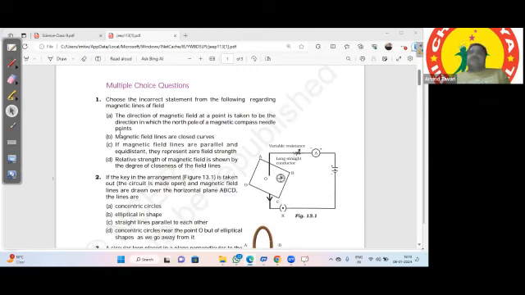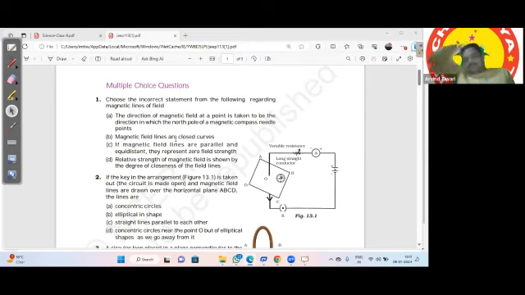See, the first statement, the direction of magnetic field at a point is taken to be the direction in which the north pole of a magnetic compass needle points. This is correct. Then second one, magnetic field lines are closed curves. This is also correct. The third one, if magnetic field lines are parallel and equidistant, they represent zero field strength.